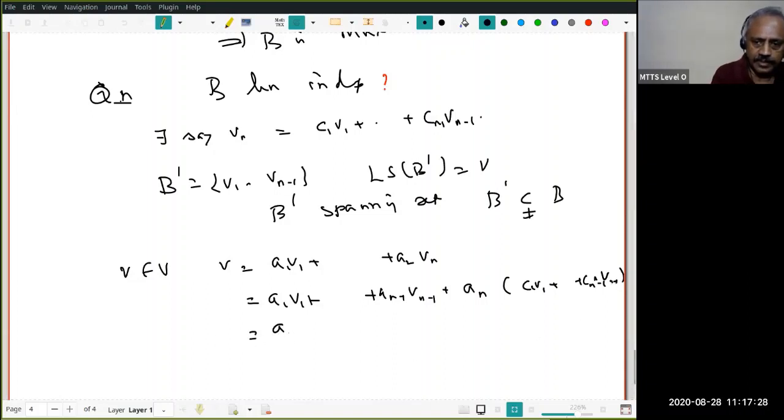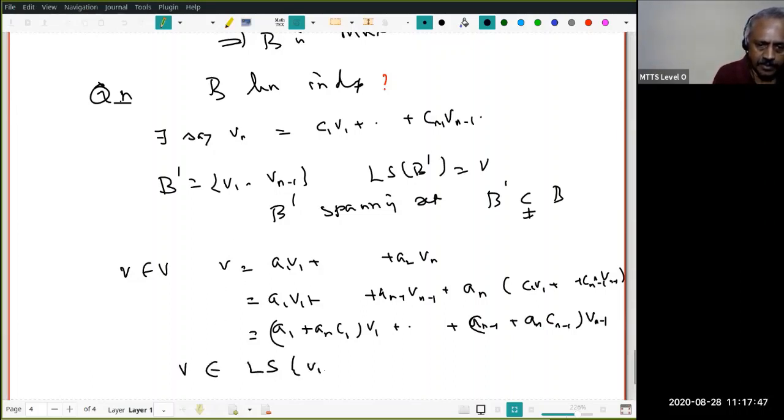Therefore, it's going to be A1 plus An C1 times V1 and so on plus An minus 1 plus An times Cn minus 1 times Vn minus 1. So any vector V belongs to the linear span of V1 to Vn minus 1. Therefore, B dash is a spanning set. This contradicts the fact that B is a minimal spanning set.